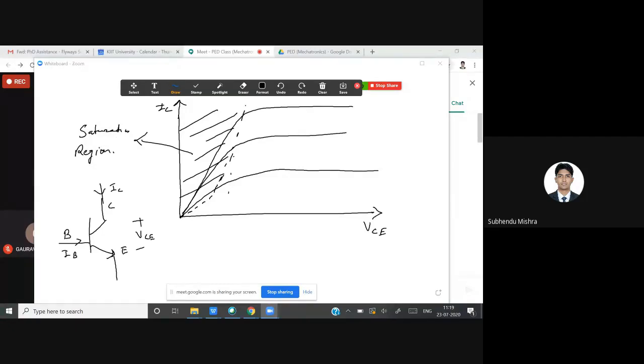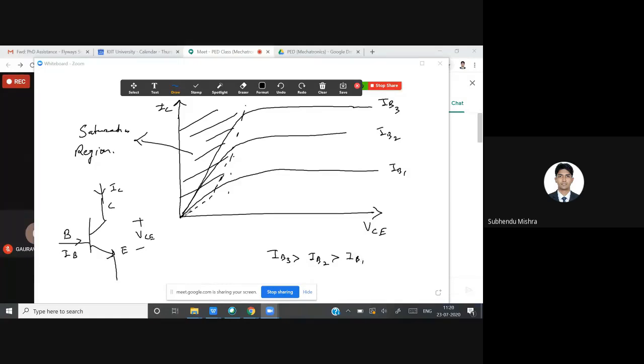As you increase VCE, the value of IC is also increasing. This characteristic is for, let's say, IB3, IB2, and IB1, which are base currents. In this curve, IB3 is greater than IB2, which is greater than IB1.